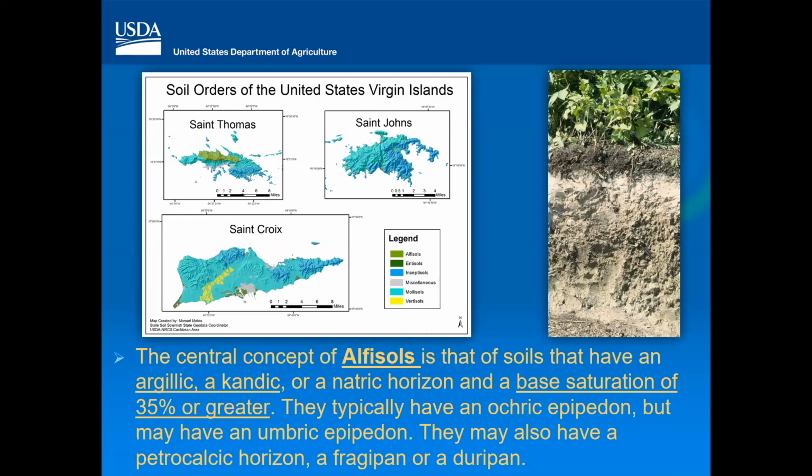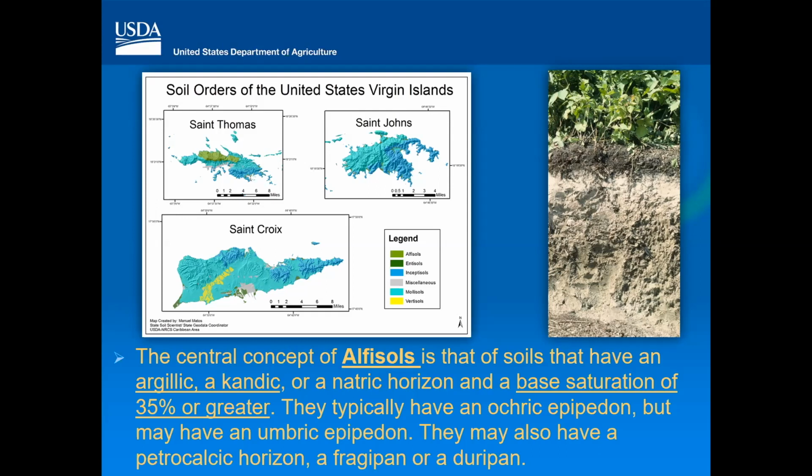In terms of the alfisols, the central concept is that they have, and I'm not going to go into these technical details, a layer underneath the profile that is enriched in clay. We call it technically an argillic or kandic horizon.